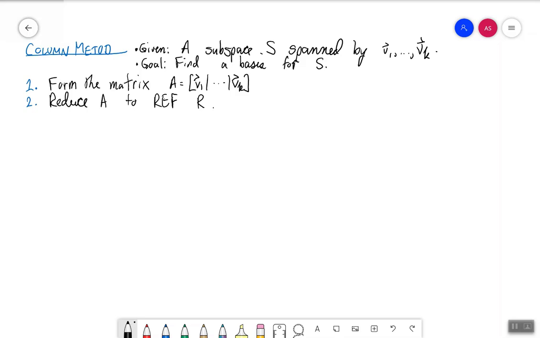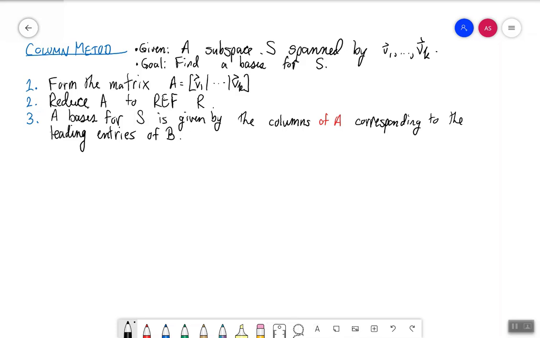I used reduced row echelon form because it's easier to see things, but all we need is the row echelon form here, and let's call that row echelon form R. And finally, a basis for S is given by the columns of A corresponding to the leading entries of R. The most common mistake when using the column method is to use the columns of R instead of the columns of A. If you remember the question that I asked earlier, the column space of A is not equal in general to the column space of R, so you're probably going to get the wrong answer if you use the columns of R instead of the columns of A.